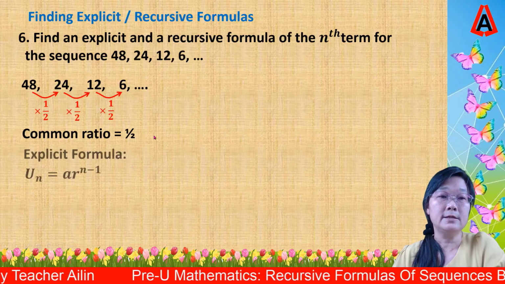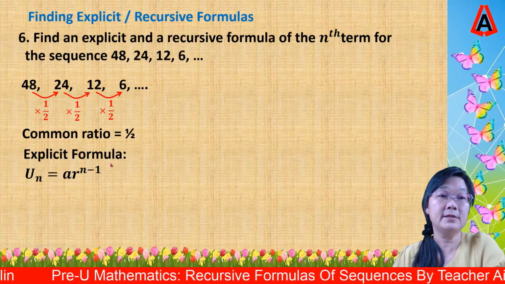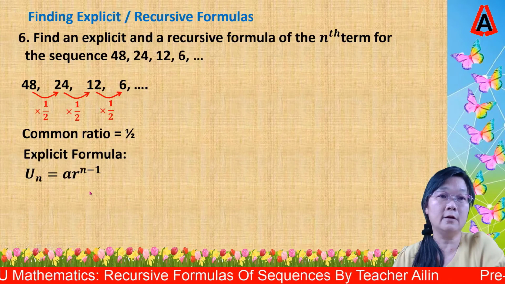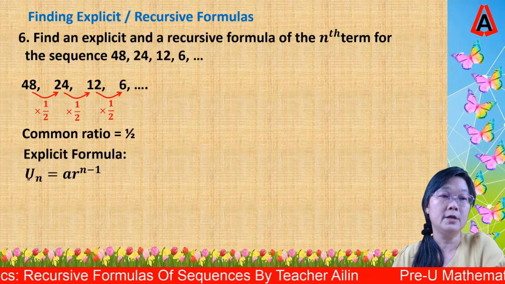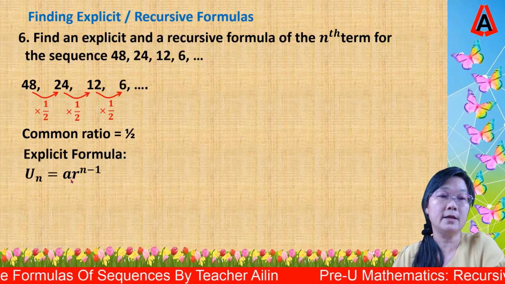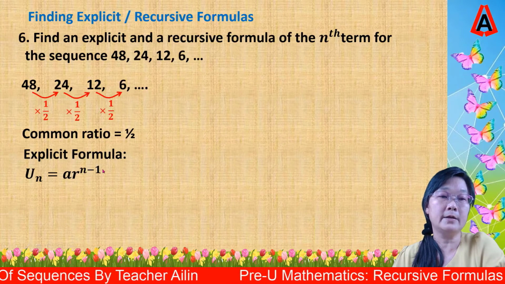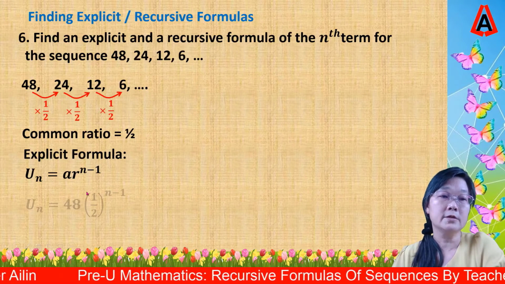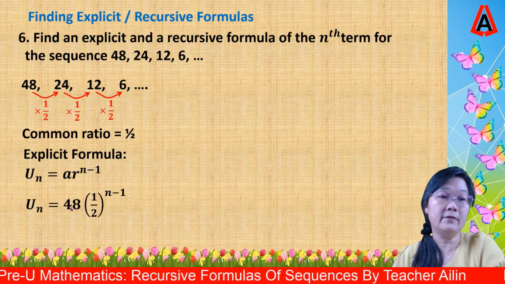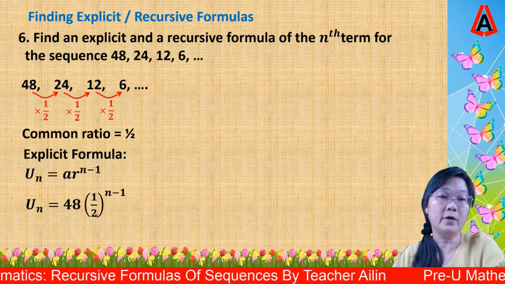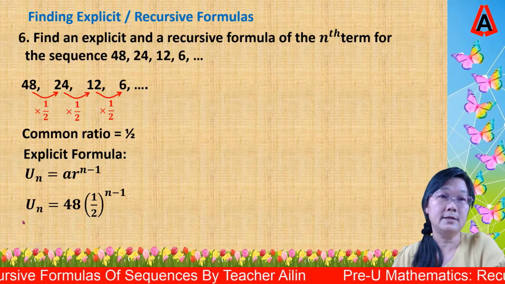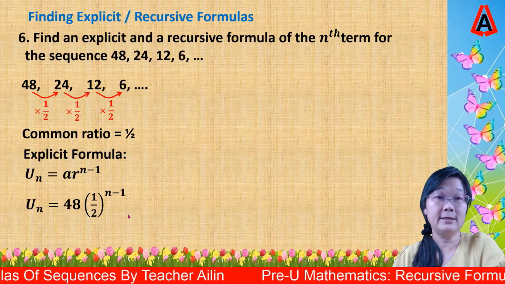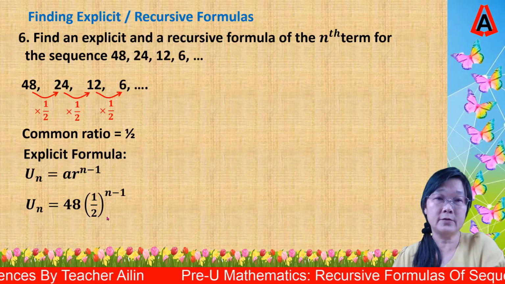So in this case, to find the explicit formula, we use the formula for GP. Un equals A R to the power n minus 1. A is the first term, R is the common ratio. So when we substitute A with 48, R with 1 over 2, then this is the explicit formula for the sequence.